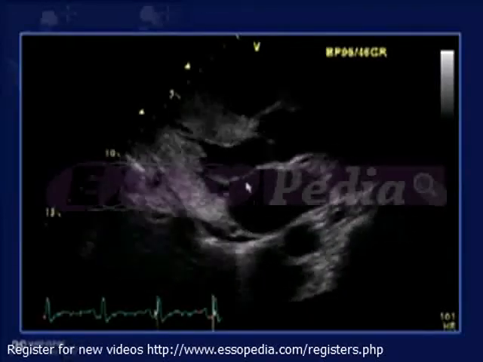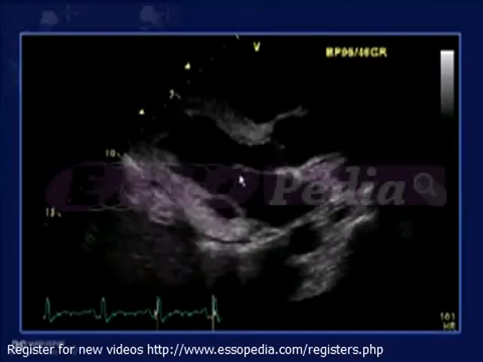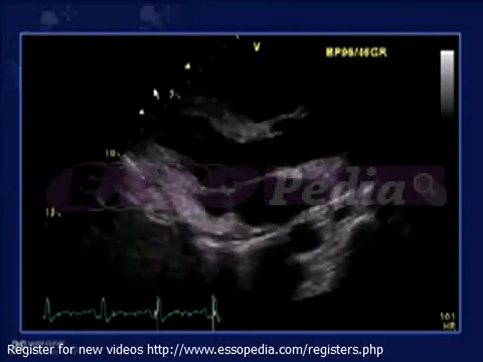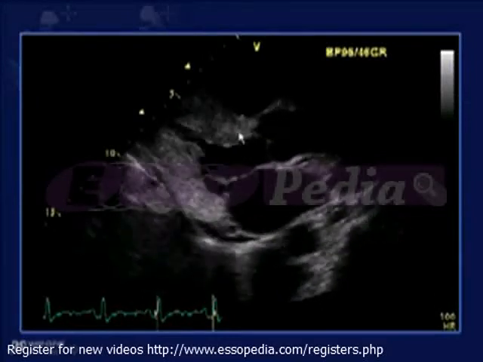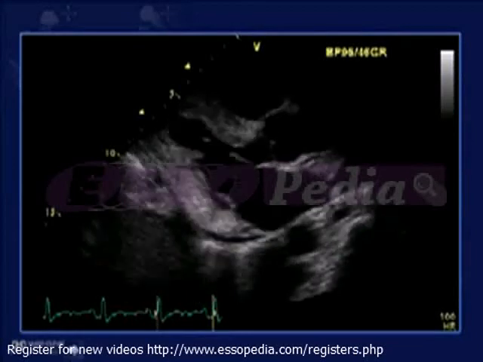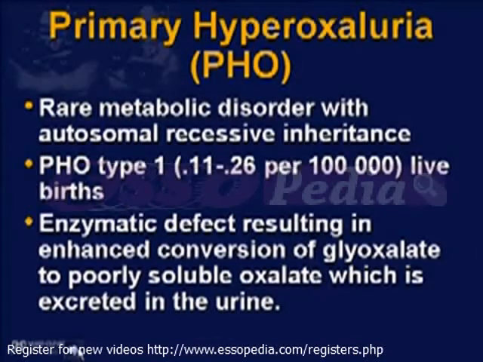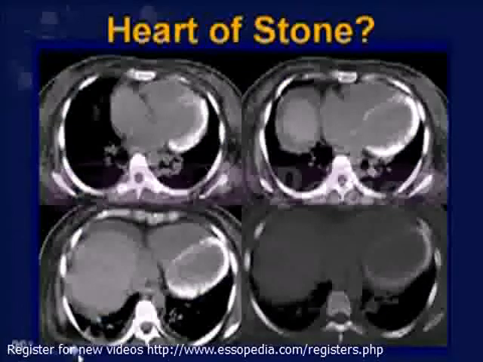If we take a closer look at this echocardiogram, we see that there's a very unusual appearance to the left ventricular myocardium. It looks very bright and white. And in fact, this individual had oxalosis, a very rare metabolic disorder with an autosomal recessive inheritance, resulting from an enzymatic defect with enhanced conversion of glyoxylate to poorly soluble oxalate, which is then excreted in the urine.